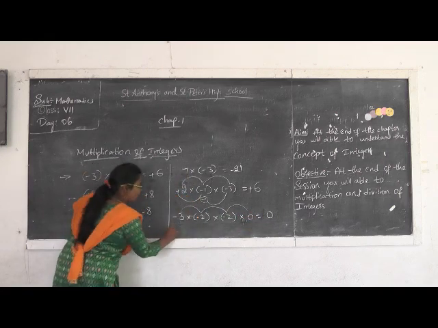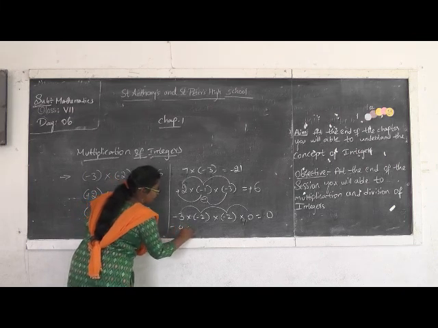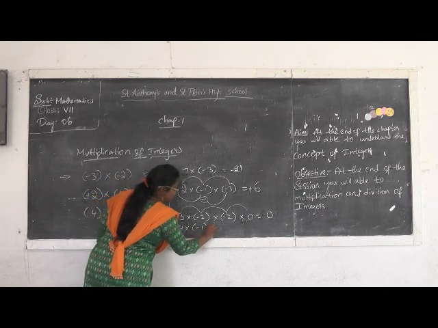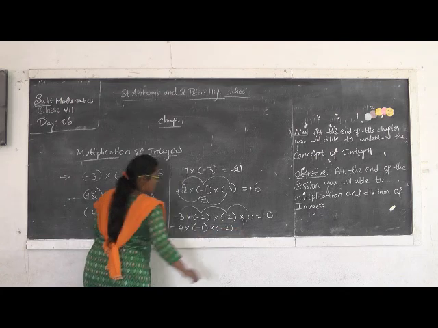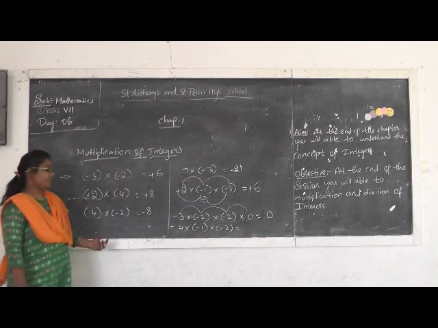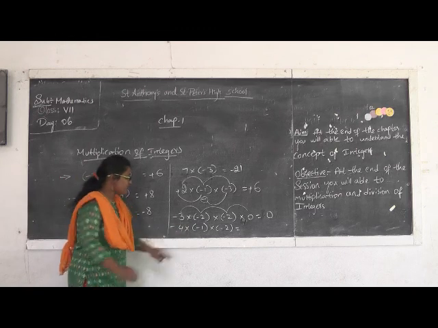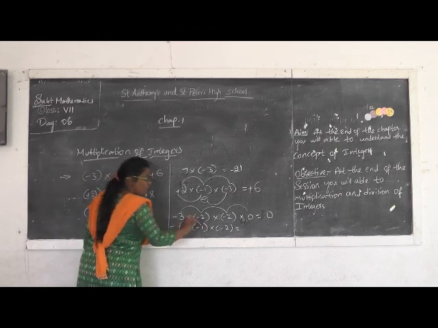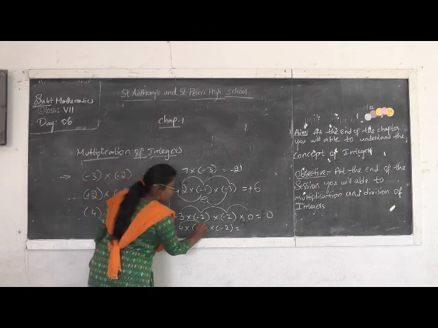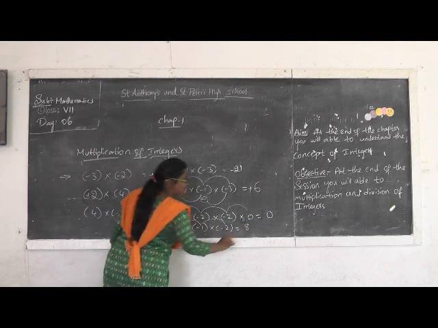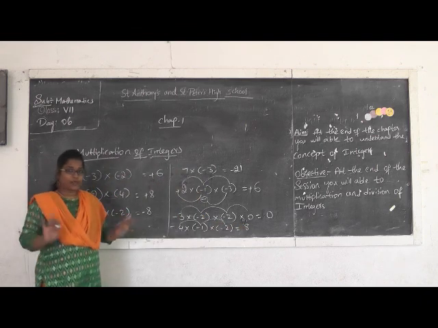Now, let me take one more example. Minus 4 into minus 1 into minus 2. So, what is the result? Let us check now. First solve the numerical values. 4 ones are 4. 4 twos are 8. Yes, first we simplify the numerical values.